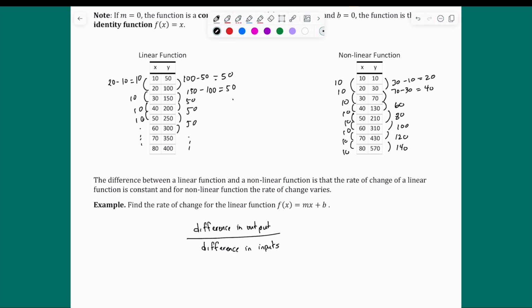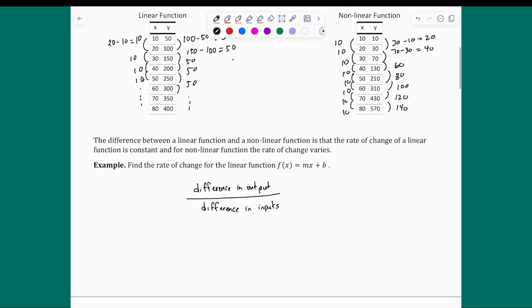Let's take some arbitrary x values, x1 and x2, that are inputs for our function f of x, and let's plug it in.